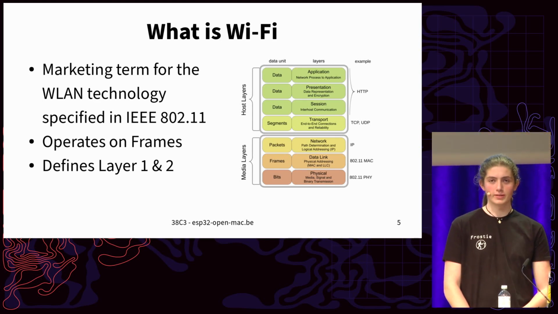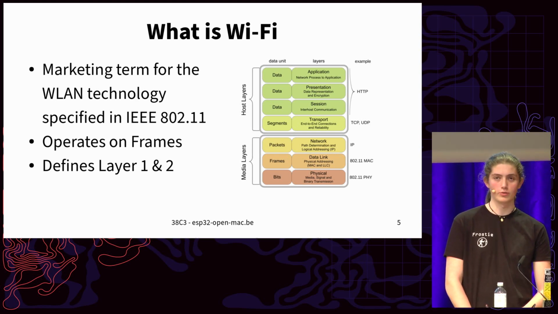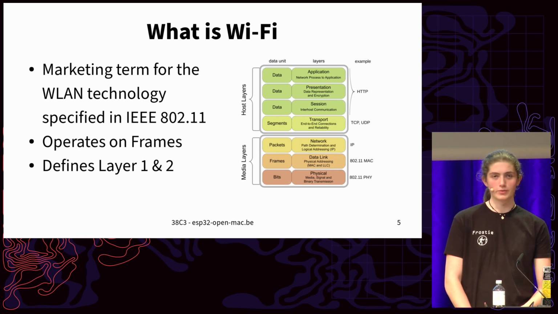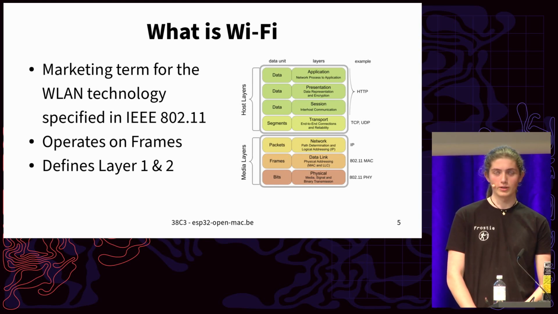Okay, so now I'll quickly get into what is Wi-Fi. Wi-Fi is just the marketing term for a wireless local area network technology specified in IEEE 802.11. It's very widely used, and probably everyone in this room has a device that's currently using it. Topology-wise, it's very similar to Ethernet. It's actually from the same family of standards, so the IEEE 802 standards. And Ethernet is specified in 802.3.